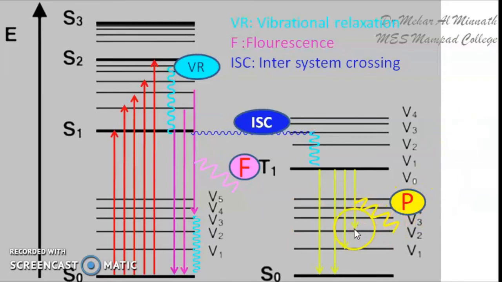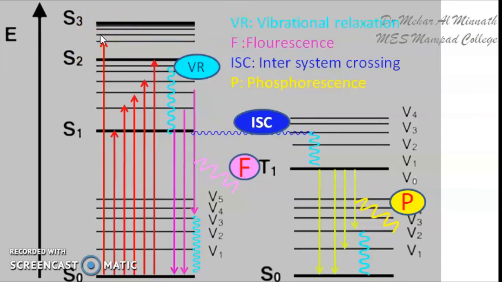Now, here also, if ever the molecule or the electron is in the higher vibrational state of the singlet ground state, it can undergo vibrational relaxation. Now, another relaxation mode is, suppose the molecule absorbs light and the electrons in the molecule get excited and go into the third or higher singlet excited state.